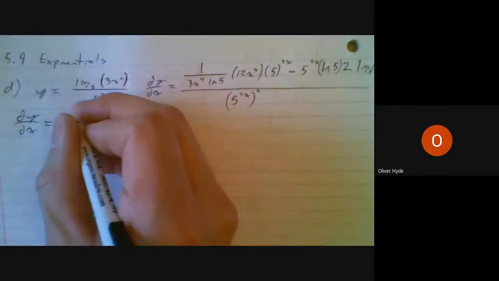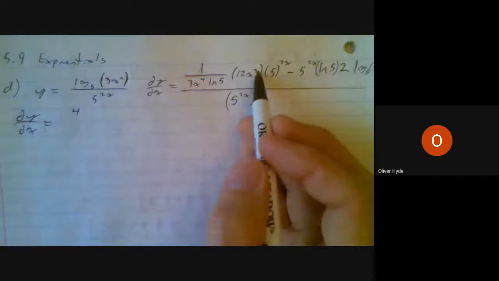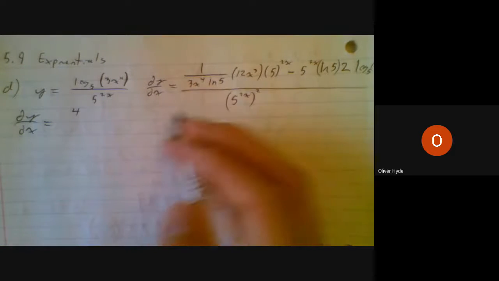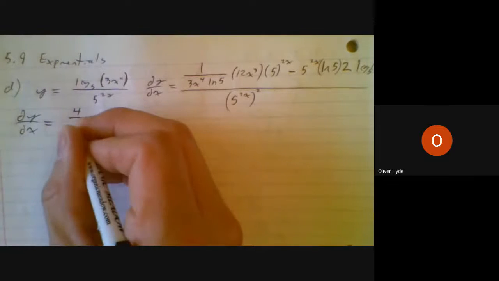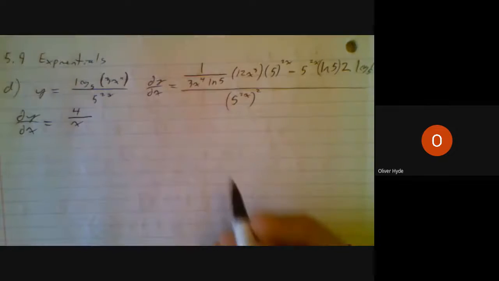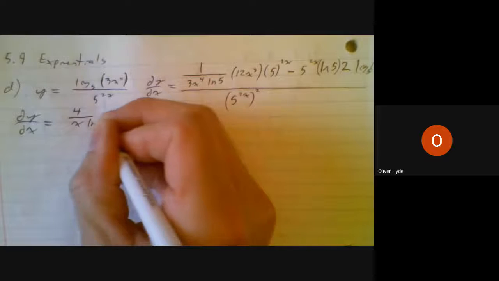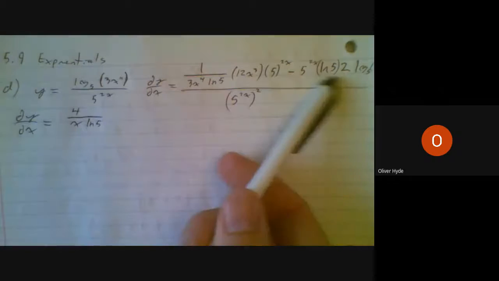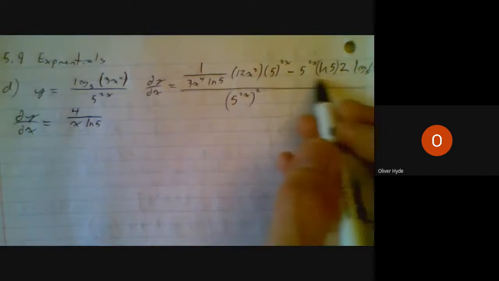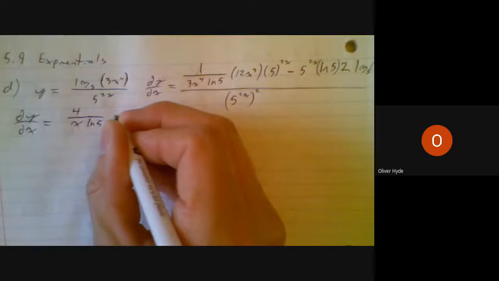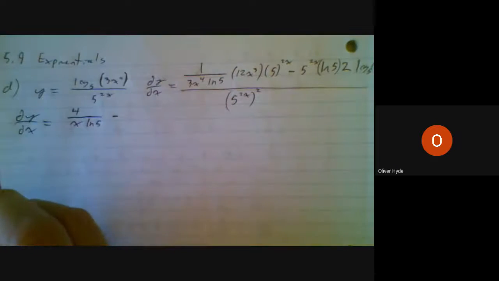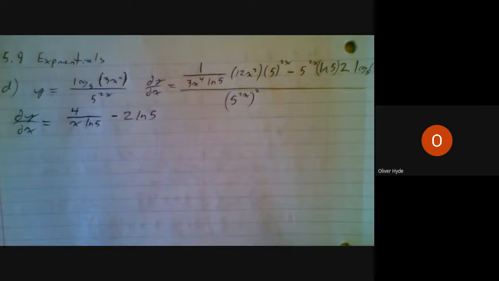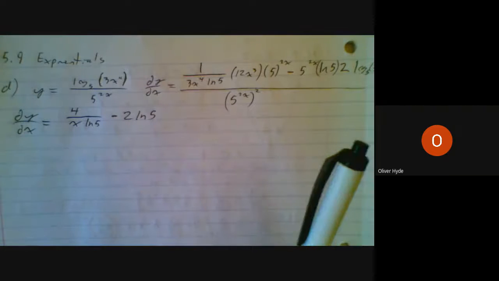That leaves me with a factor of 4 in the numerator of the numerator. 3 of these powers of x will divide 3 of those powers of x, leaving me with 1 factor of x in my denominator. I'm going to have the natural logarithm of 5 in the denominator there. I'm going to tidy this up and maybe just put my constant coefficients out front. I'll see a subtraction of 2 times the natural logarithm of 5. 2 ln 5 is my numeric coefficient.